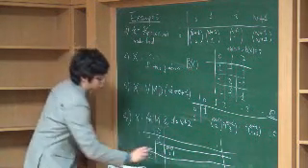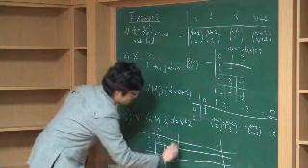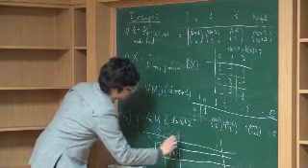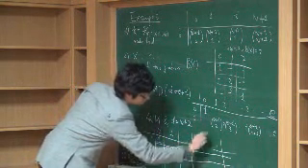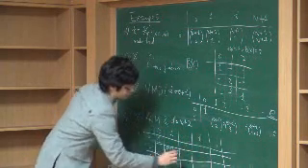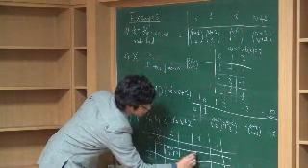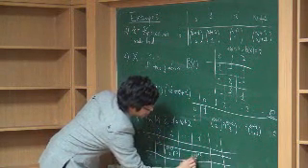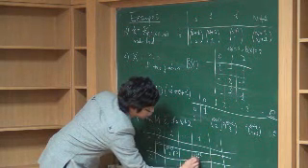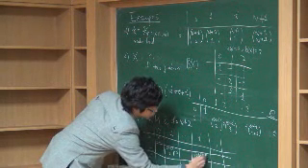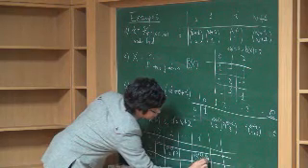E plus 1 choose 2 minus 1. The i-th Betti number is i times (E plus 1 choose i plus 1) minus (E choose i minus 1).